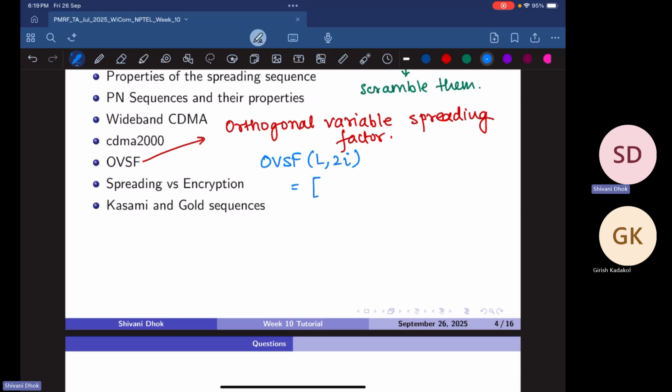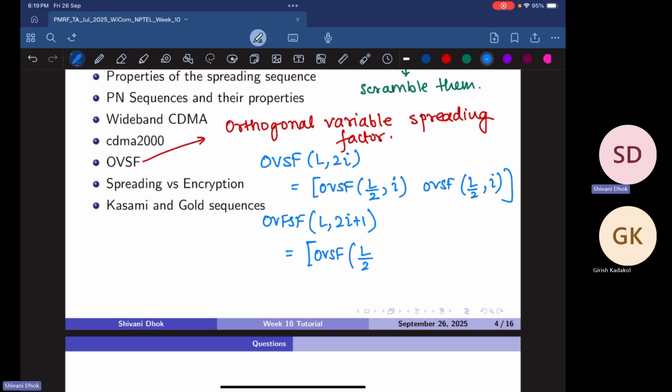We can construct it in a sequential manner using the OVSF of length L by 2 indexed by I, and OVSF, same thing, L by 2 indexed by I. Now if instead of 2I we have an odd integer, let's say 2I plus 1, then we will have OVSF of length L by 2 indexed by I and minus of OVSF L by 2 indexed by I. We will see an example of this towards the end of the class. Okay.